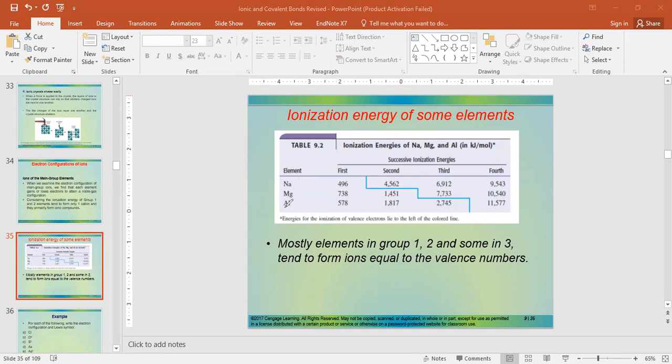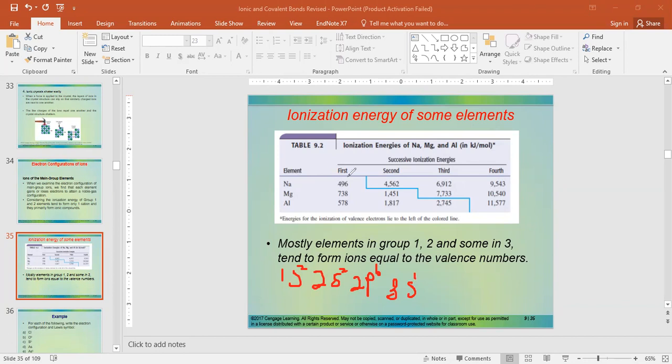Now I want us to look at what happens here in sodium. Sodium is 3s1, because if I was to write the electronic configuration of sodium, we have 1s2, 2s2, 2p6, and 3s1.